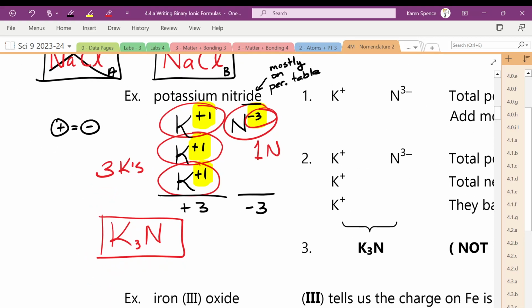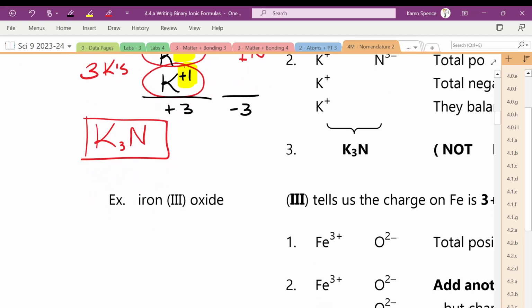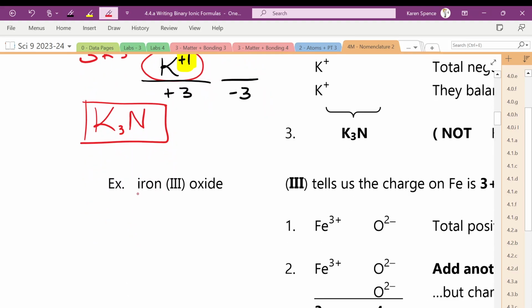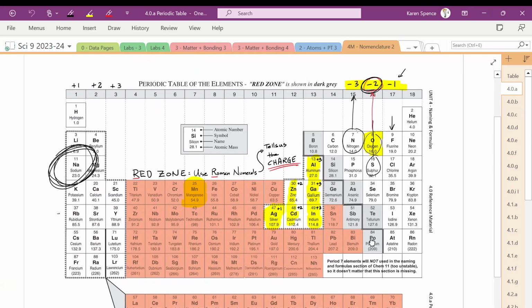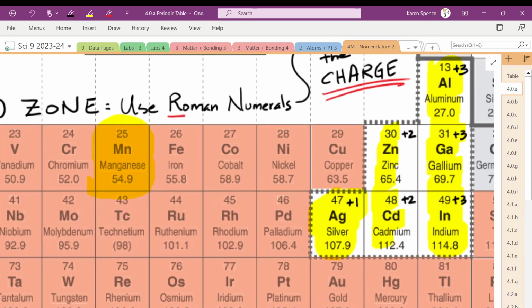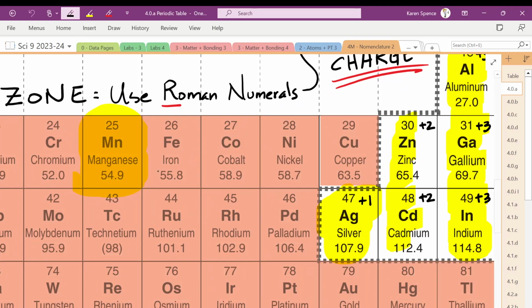One more example. One last example for the day. Iron. Let's go look on our data pages for iron. Here is iron. What is the charge of iron?